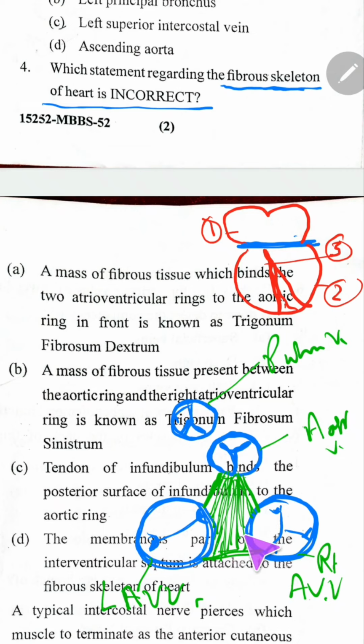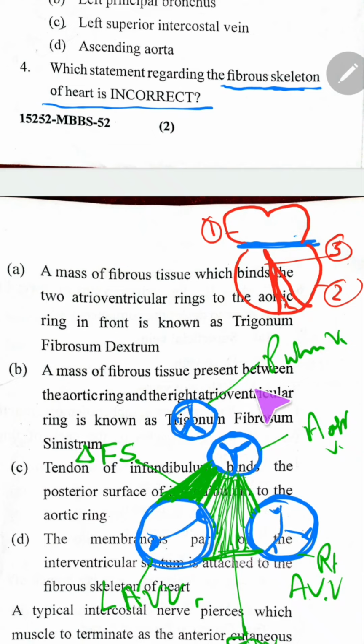So this triangular connective tissue is called trigonum fibrosum dextrum. And just towards the left you have another fibrous band, connecting the aortic opening to the left AV valve, and this is called trigonum fibrosum sinistrum.